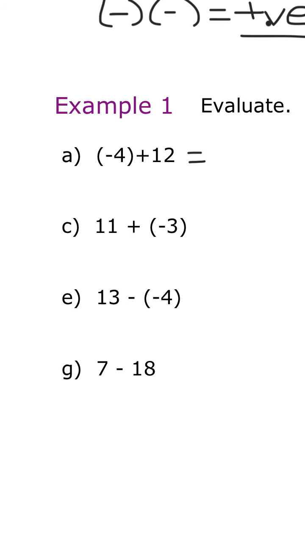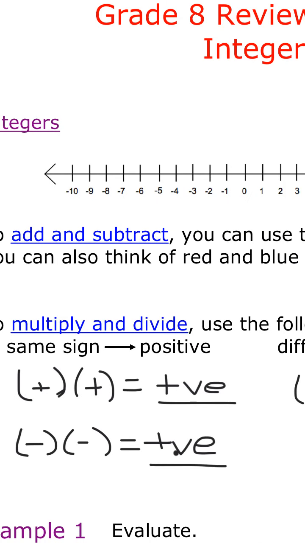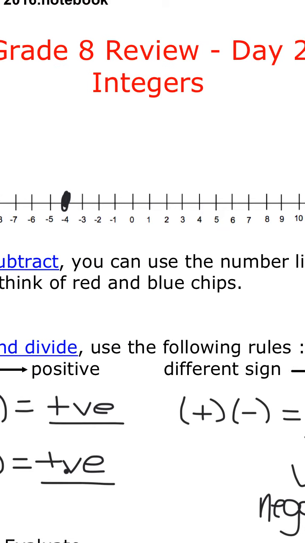If you were to look at the number line, I'm going to do this as an example. If you're at negative 4 here, and then you add 12, so using the number line to go in the direction of addition, you count 12 times, we would end up with an answer of positive 8.